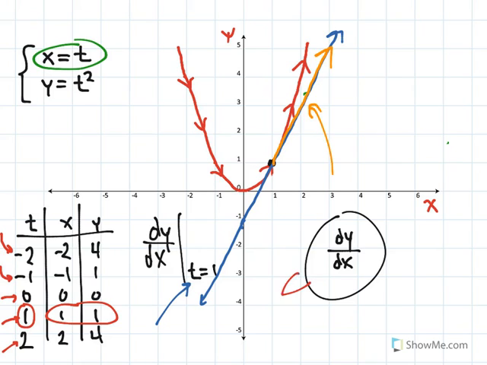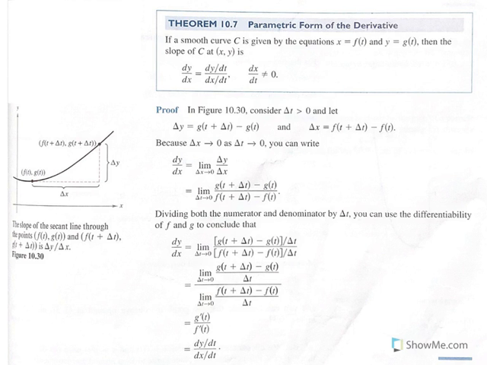So now the question is, how do we find dy/dx if you have a curve represented by a set of parametric equations? Here we have Theorem 10.7, the parametric form of the derivative.